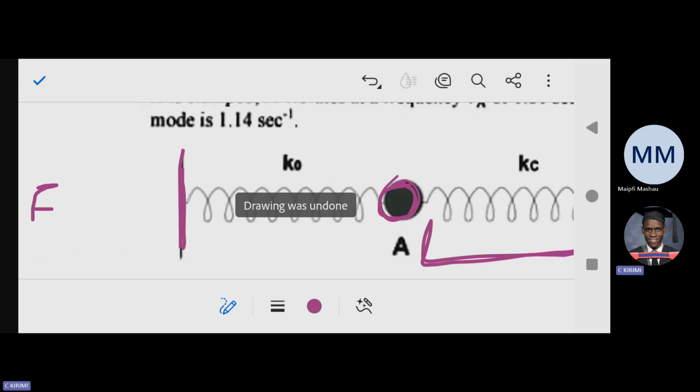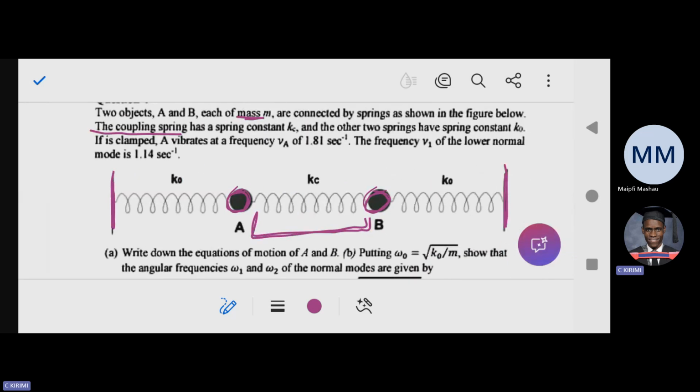So that K or KC is representing different constants, which means the value of that constant sometimes can be 70 newtons per meter, the other one is 30 newtons per meter. They do not have the same constant.